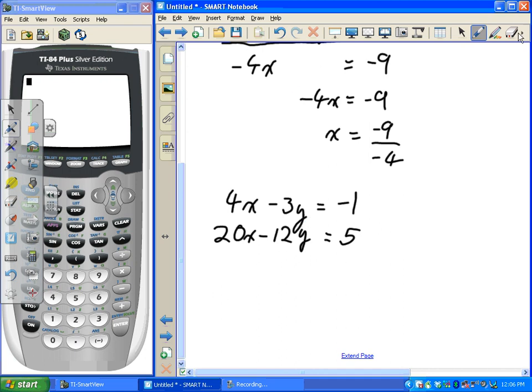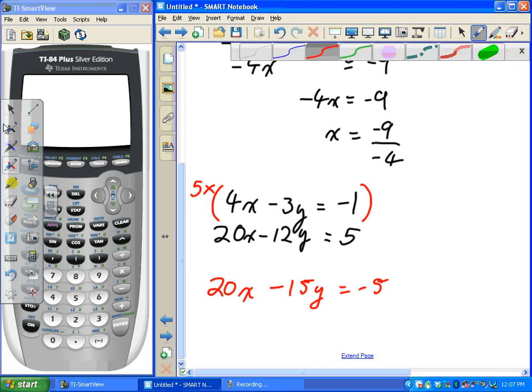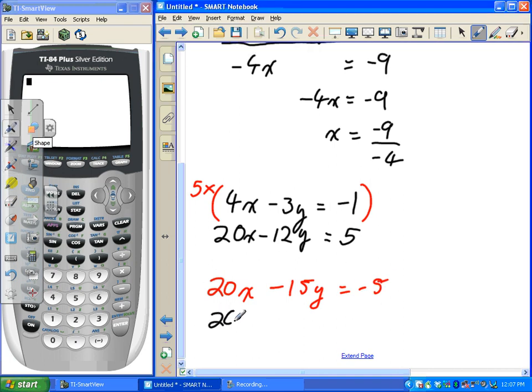So that means I need the coefficients in front of the x to be the same. So again, I'm going to multiply the first equation. I'm going to create a 20. So I need to multiply the entire first equation by 5. So I'll get 20x minus 15y equals -5. Second equation says 20x minus 12y equals 5.